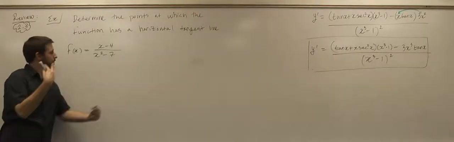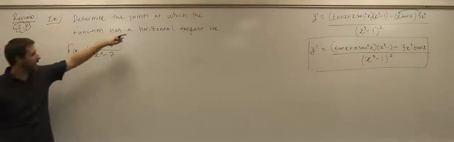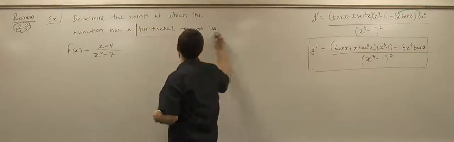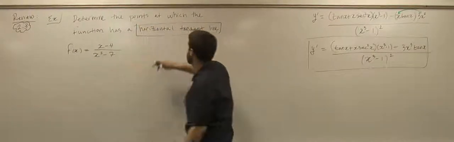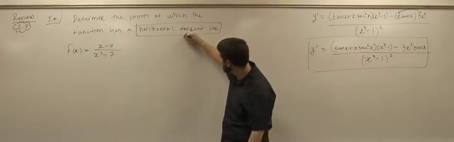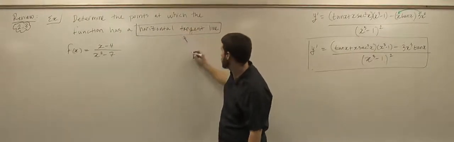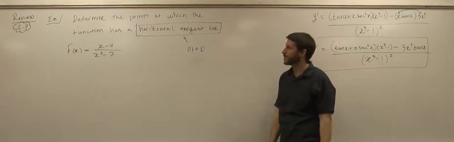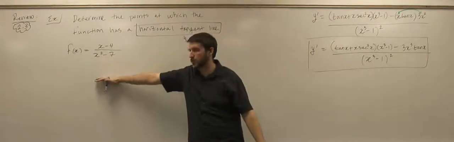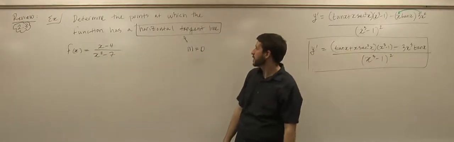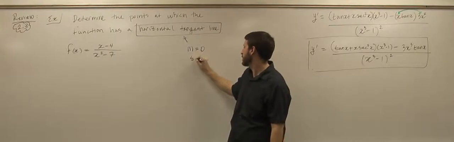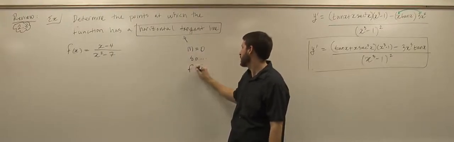Okay, so if you're trying to find when something has a horizontal tangent line, you're trying to find where the derivative equals 0 exactly, right? Because a horizontal tangent line means that you have slope equal to 0. And the derivative gives you the slope of the function. So you take the derivative, which is the slope of the function, and set it equal to 0.